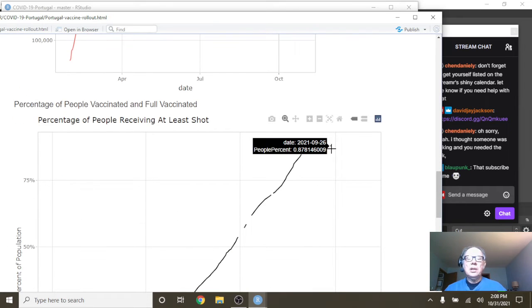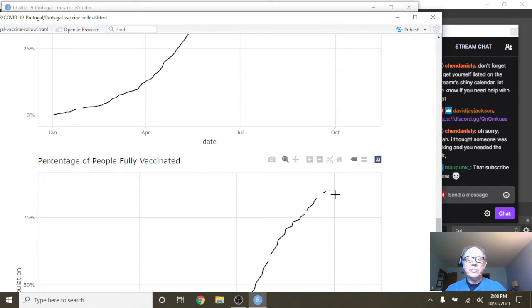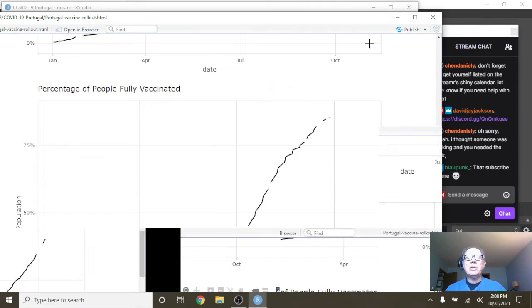That means that 87.9% of the Portuguese population has received at least one shot, and 85.3% have been fully vaccinated in Portugal.